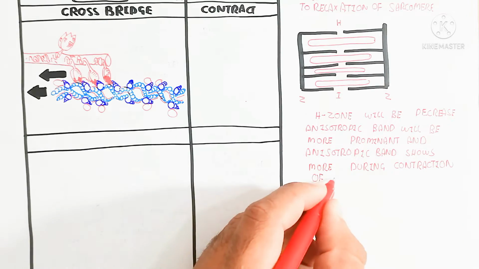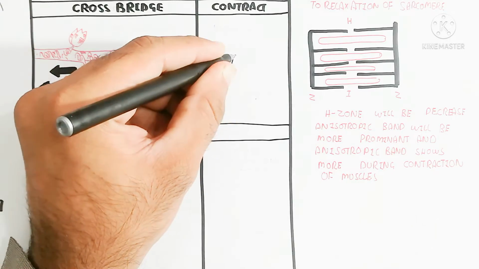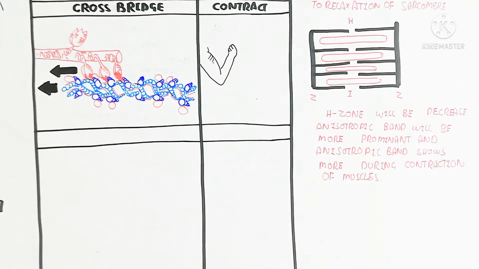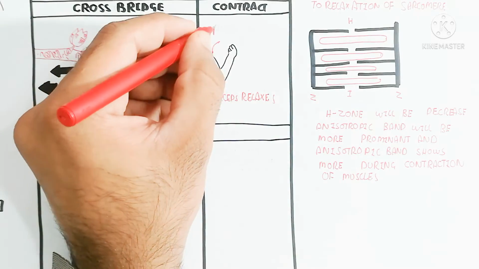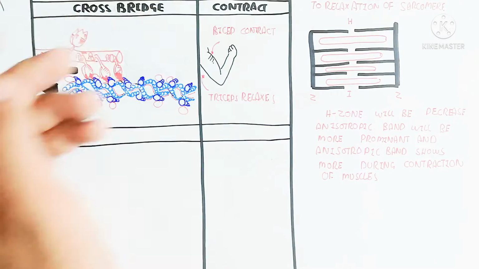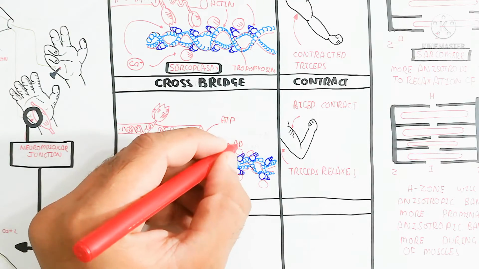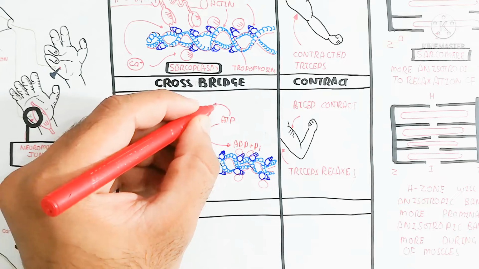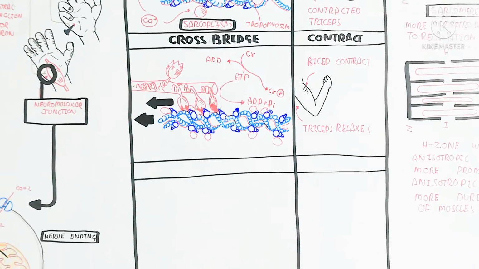On the other hand, we will discuss the relaxed state. Basically, relaxation requires ATP. The ATP is converted into ADP by hydrolysis by the myosin. So the myosin will hydrolyze the phosphate group and the calcium will be detached from the troponin.